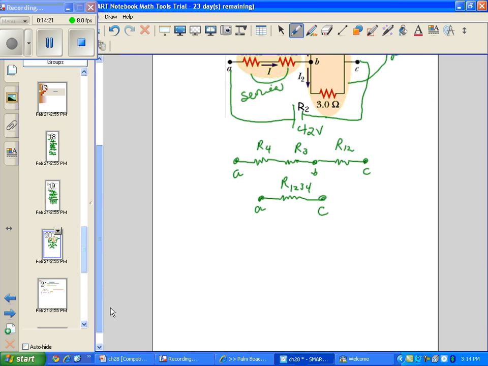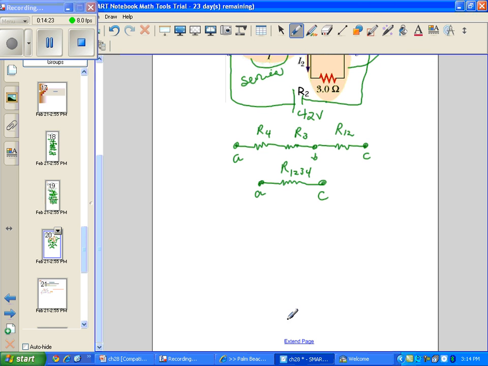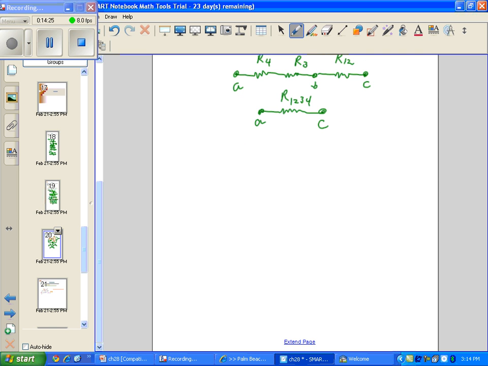So let's begin with, and I'll just extend my page here, R12. 1 over R12 is equal to 1 over R1, in other words, 1 over 6 ohms, plus 1 over R2, 1 over 3 ohms.